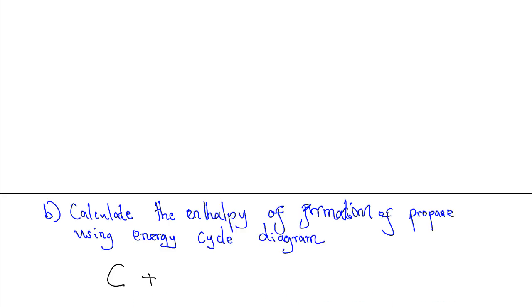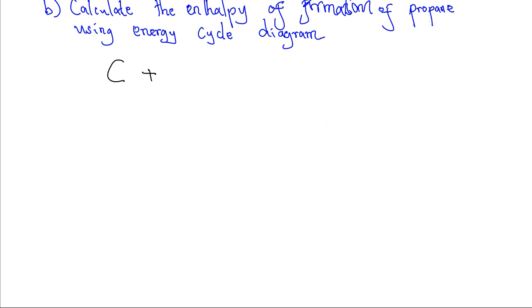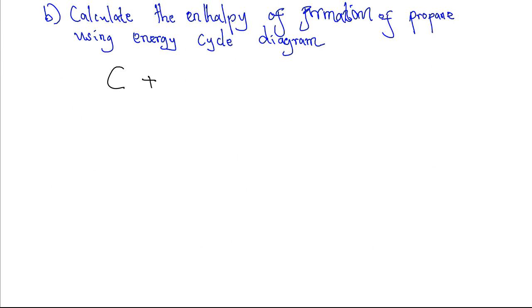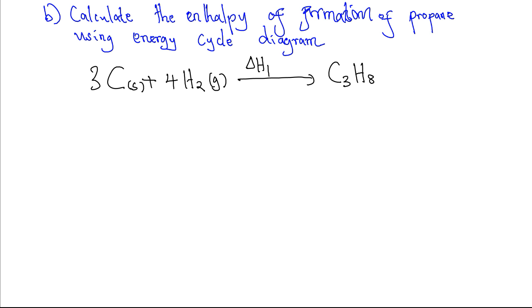So we have the energy cycle diagram, that is 3 carbon plus 4 moles of hydrogen gas giving C3H8, that is delta H1.